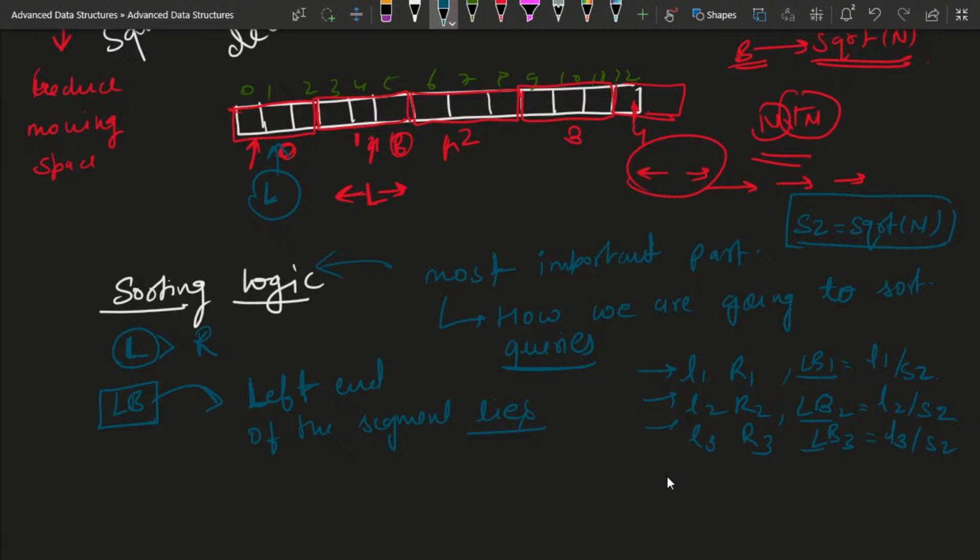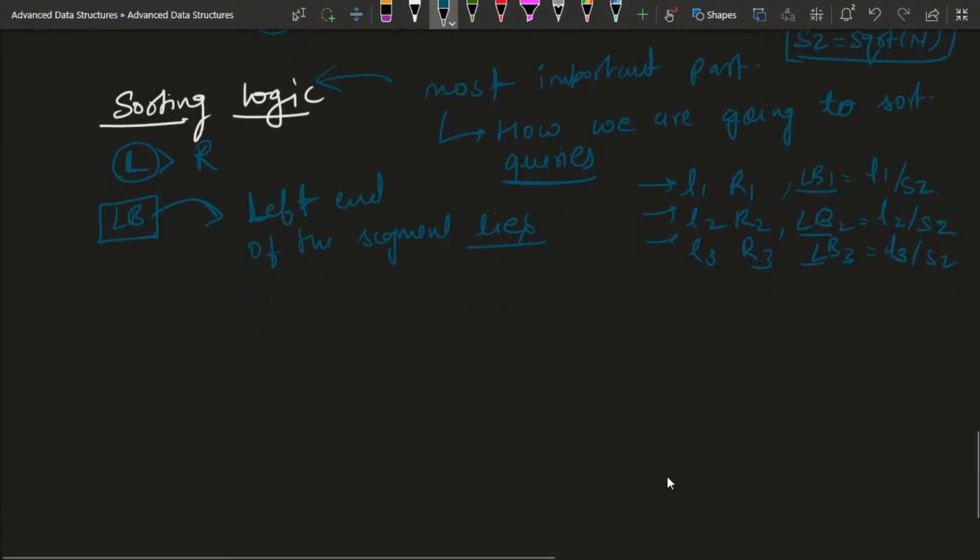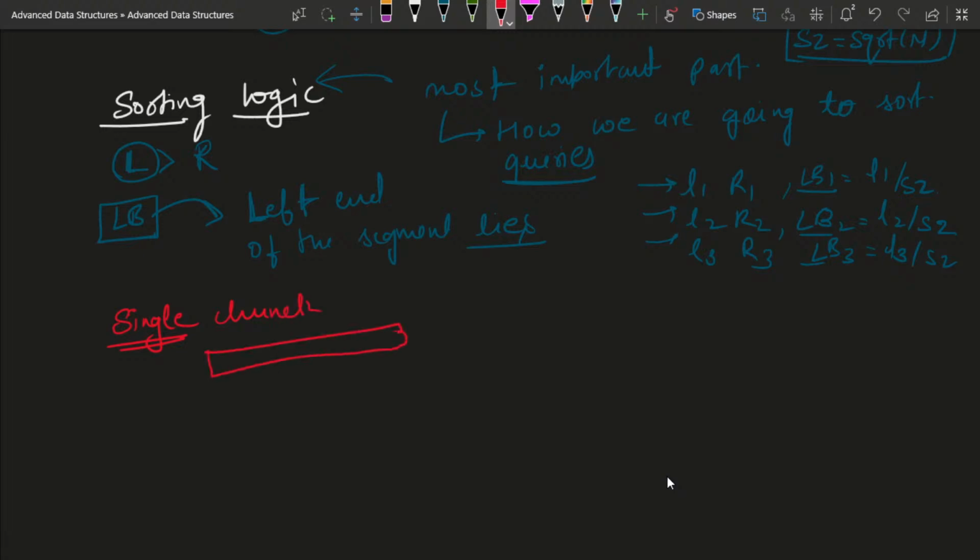Now consider only a single chunk. Suppose this was the array and this array was divided into a large number of chunks. This is one chunk, this is another chunk, and this is the last chunk.